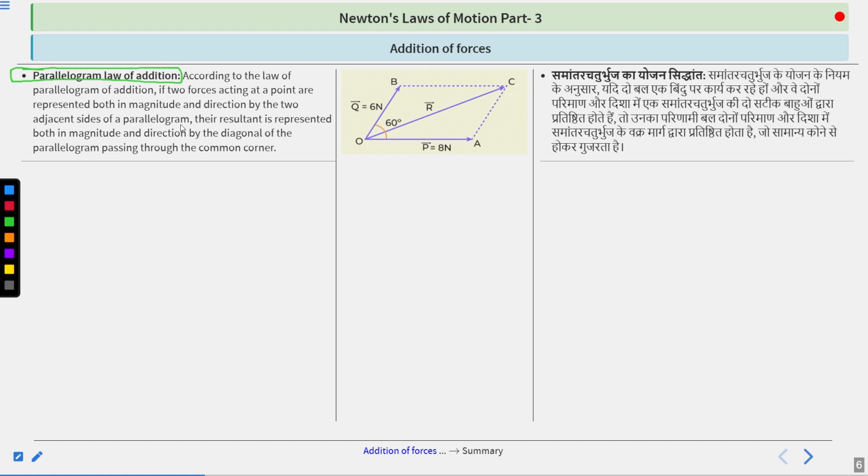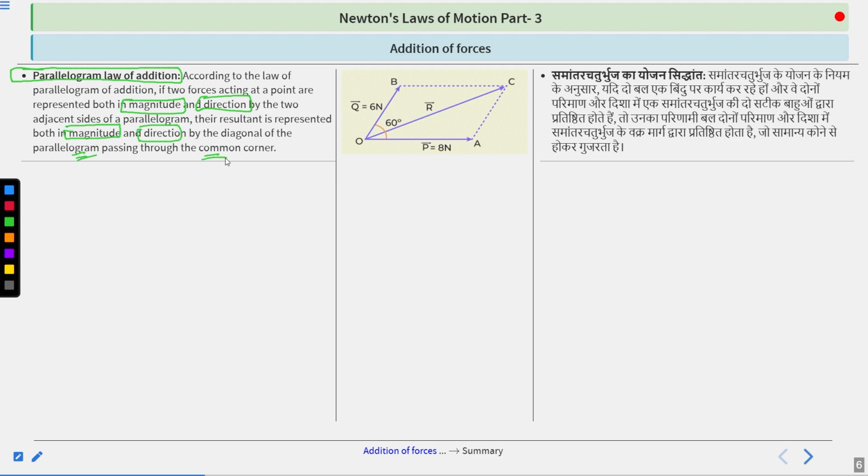So remember, if two forces are acting and their magnitude and direction are represented by two adjacent sides of the parallelogram, the resultant force will be represented in magnitude and direction by the diagonal of the parallelogram passing through the common corner. This is the first law of addition, which we call the parallelogram law of addition.